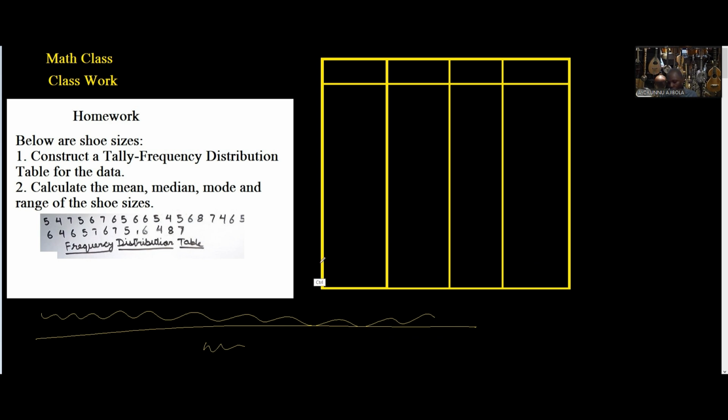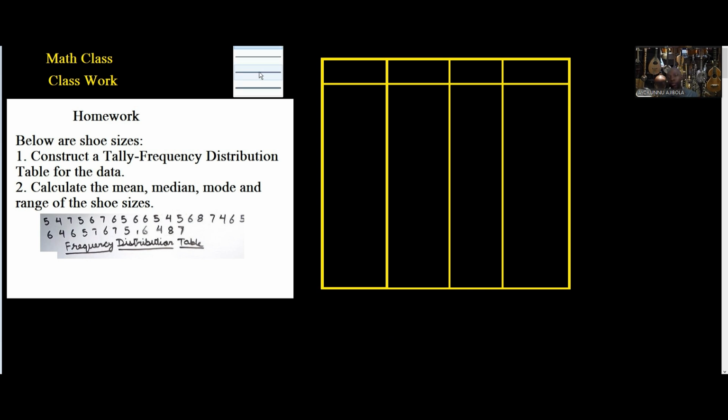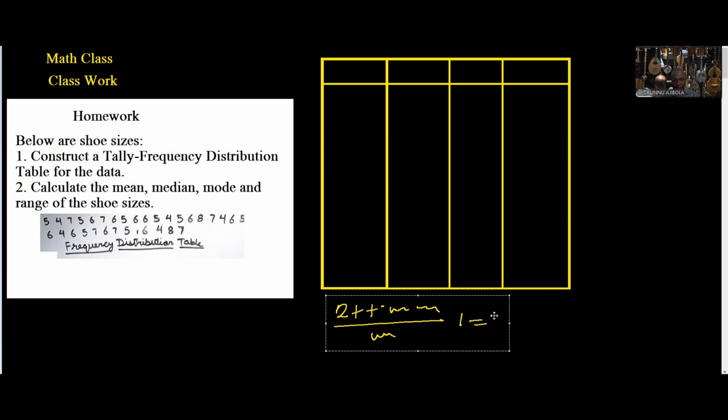In the previous example, we found a mean by adding the first number plus the second number plus the third number and so on, then dividing by the total entries. But that's not what we're going to be doing, because this is lengthy data. It's not just 10 entries, it's not just 8 entries.